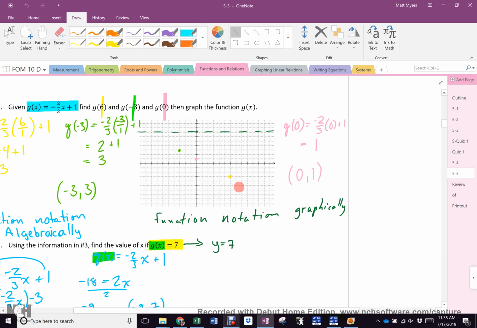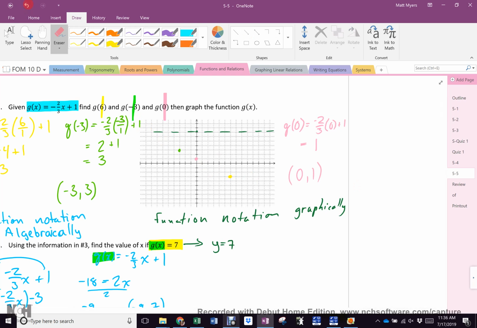So this line that I had right here, oh, that's supposed to be a straight line, you piece of garbage. Erase, erase, erase, erase, erase. This straight line continues forever, yes?